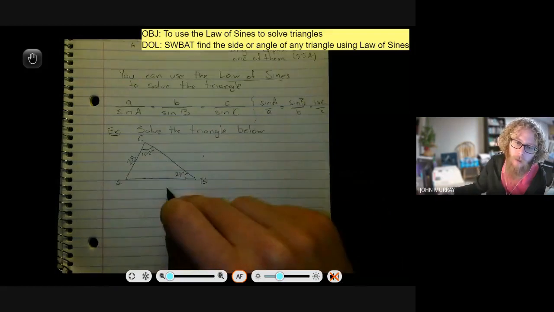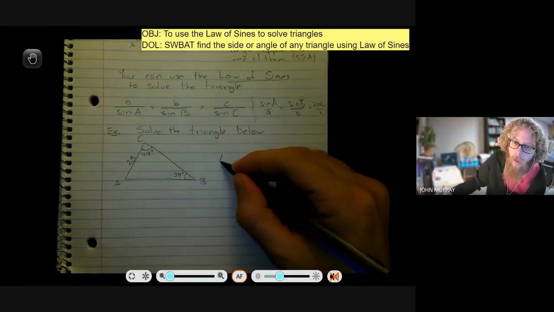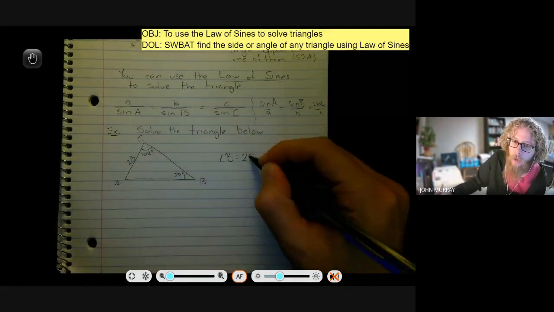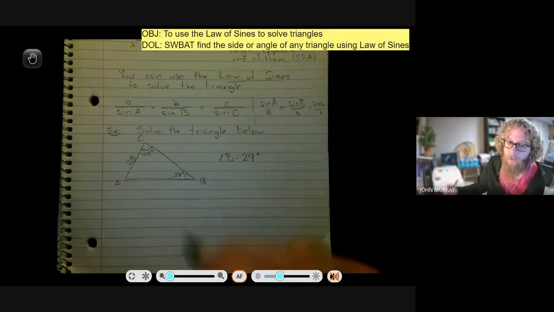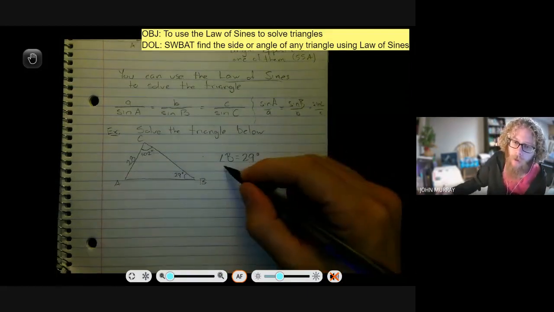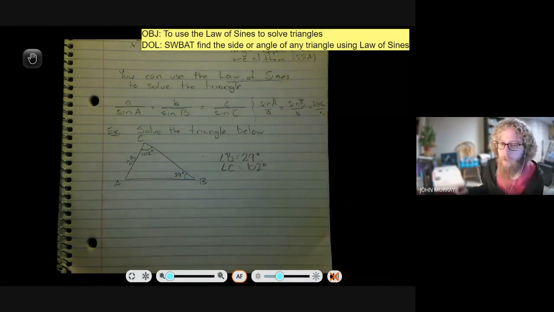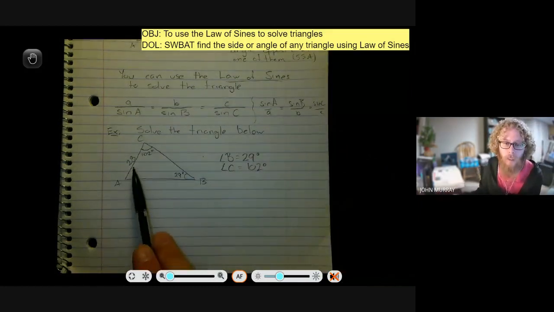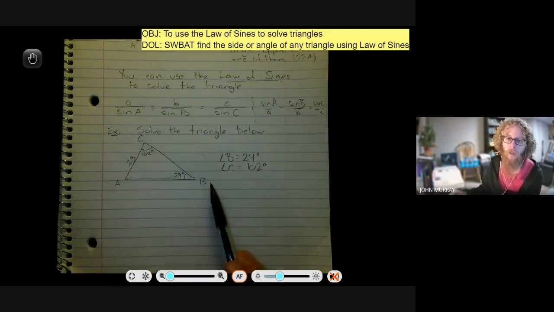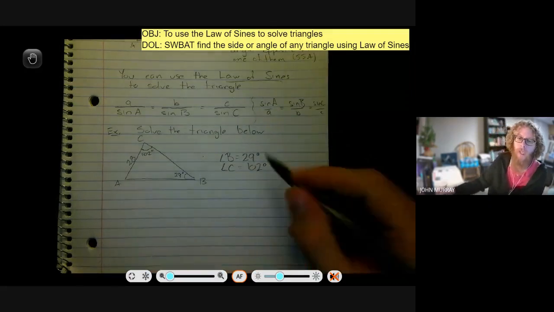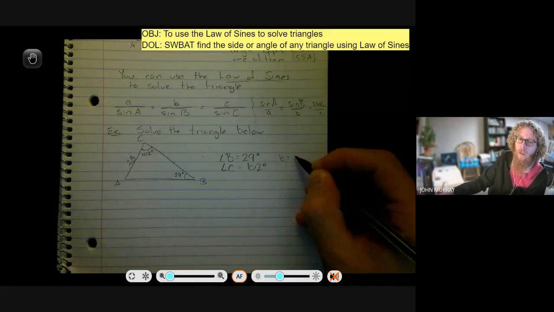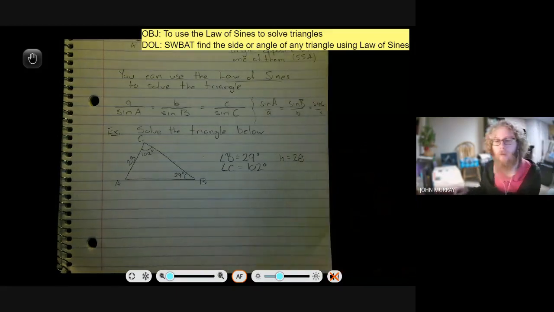So here, they tell us angle B is 29 degrees. They tell us angle C is 102 degrees. And they tell us one of the sides, because it's across from angle B, that would be side B, equals 28, whatever it is, feet, inches, centimeters.